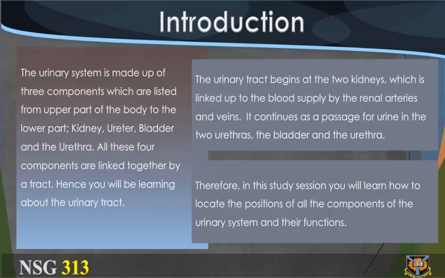Hence, you will be learning about the urinary tract. The urinary tract begins at the two kidneys, which are linked to the blood supplied by the renal arteries and veins. It continues as a passage for urine in the two ureters, the bladder, and the urethra.